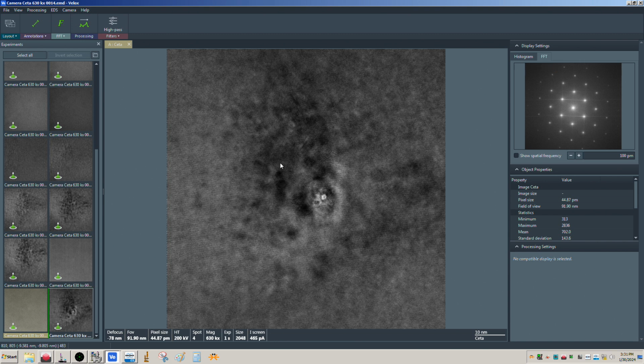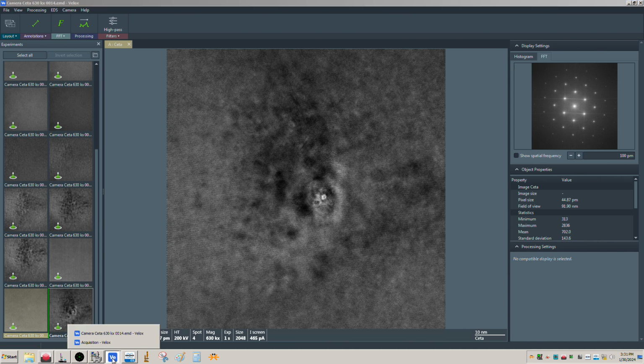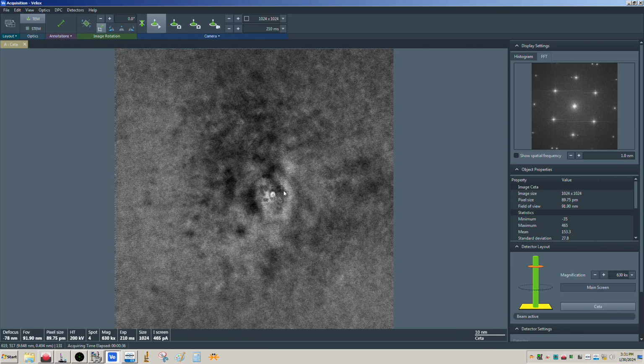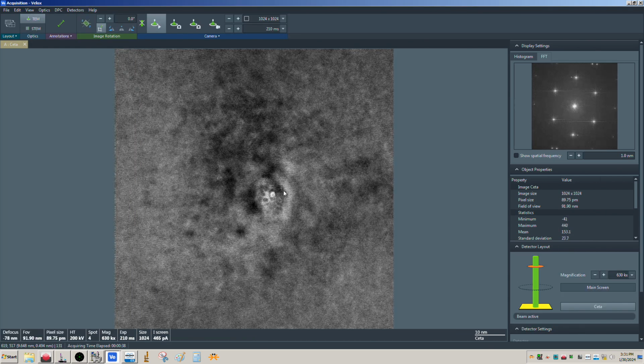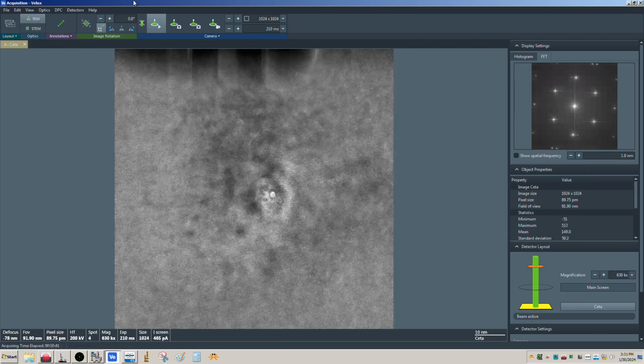As you get more disorder in the lattice, the spots tend to broaden out, which could be a video topic discussion in and of itself, like disorder and FFT diffraction patterns. But I'm wondering if we can look at the FFTs before and compare them here. Okay, but decent image, right? Let me put the screen in.